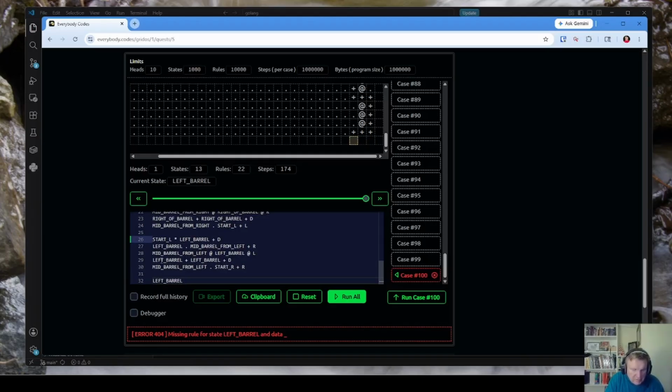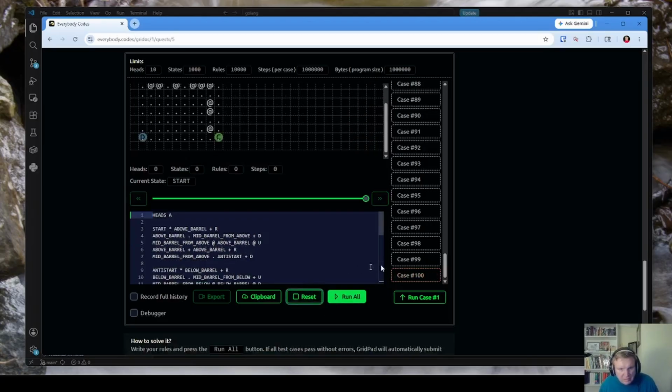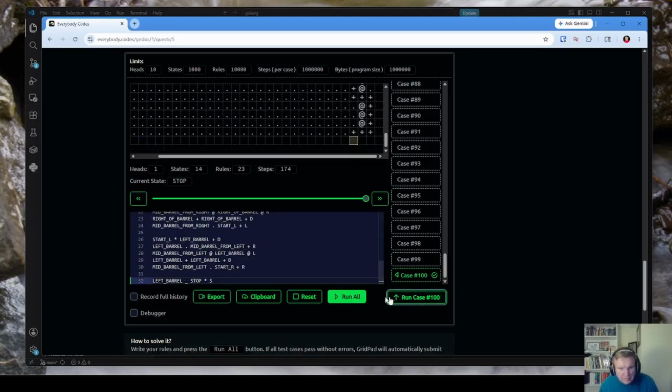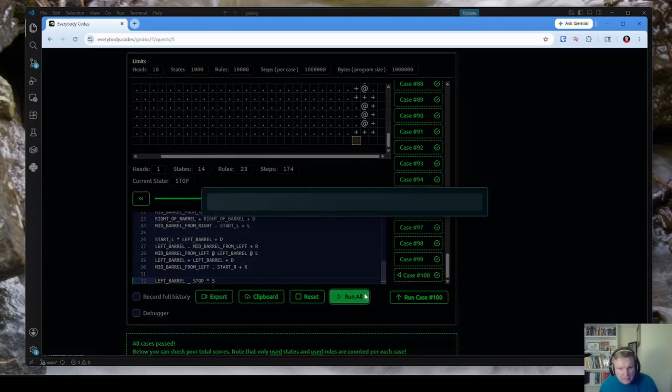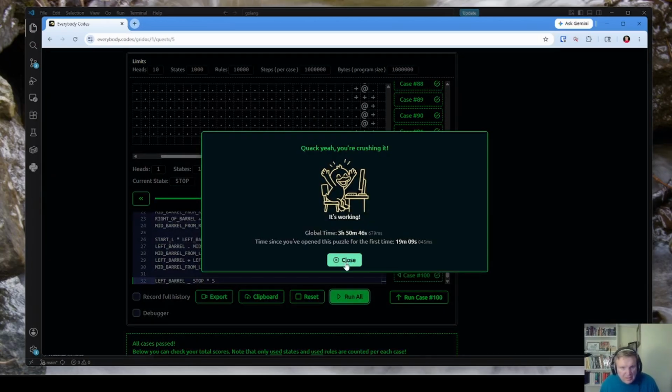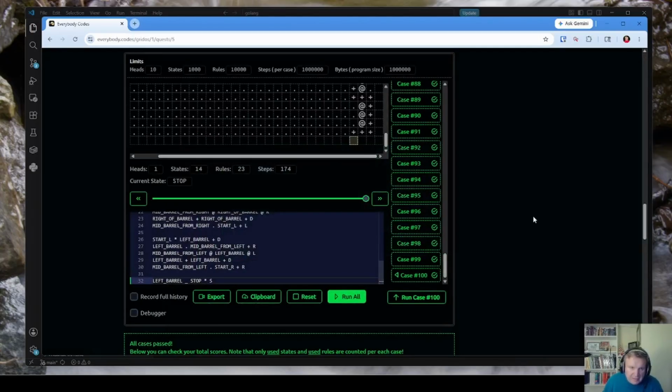Left barrel underscore stop star stay. Yay! Okay. Took me a little bit longer, but not too bad.